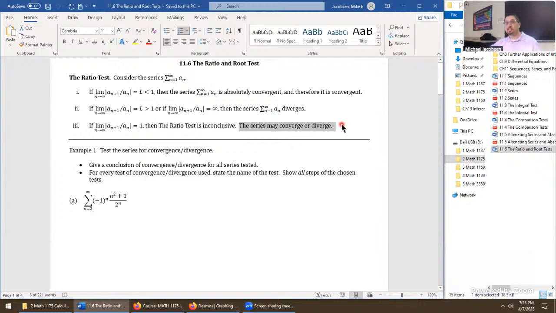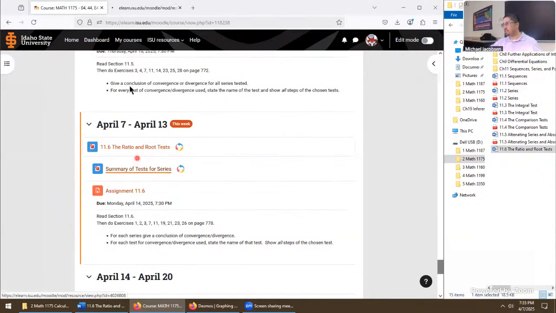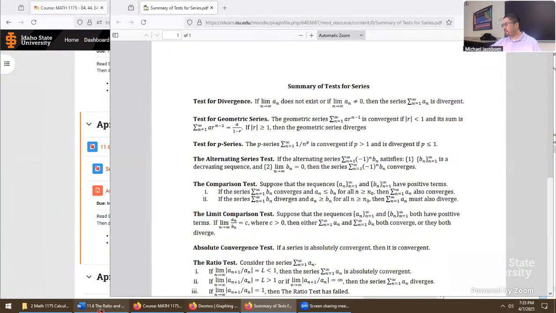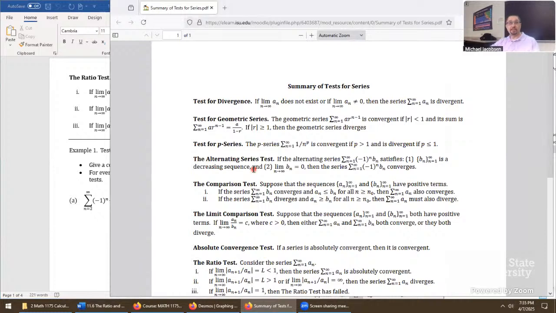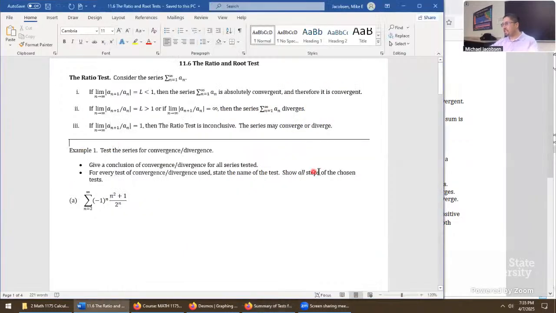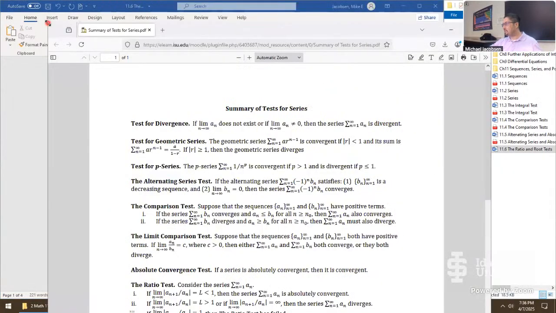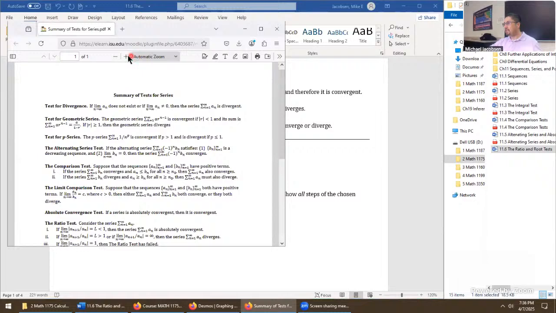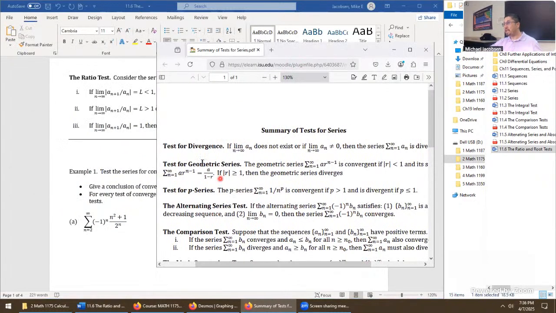So if this ever happens to you, what you need to do is go back to this section and grab all of your other tests, because if the ratio test, say, fails on this one, well, you still have the alternating series test on the table for an example, or maybe just use the ordinary p-series test. So the reason we're pulling up this document even still is that no matter how many new tests we pick up, the basics are still majorly important.